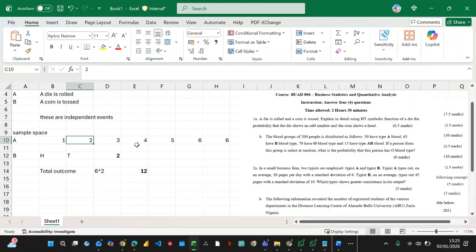I can roll my die and I can be tossing my coin. They are two different things. I get that events cannot happen at the same time. Just like if I roll a die now, I cannot have a three and a four at the same time. Those are mutually exclusive events. I understand. Thanks. Get it now.